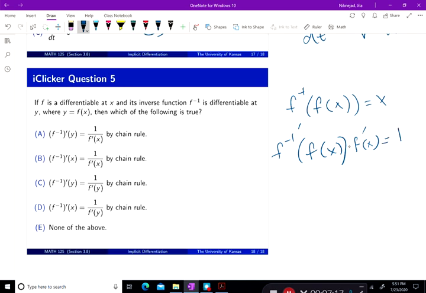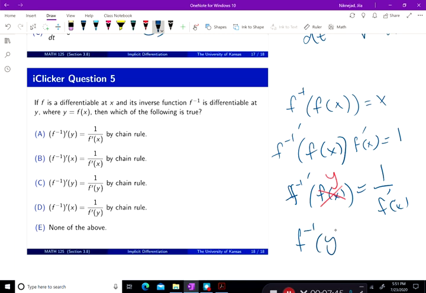Now solve for f inverse prime of f of x, and you get this. This still doesn't look like any of those, except that I forgot to replace this with y. And now I have f inverse prime of y is equal to 1 over f prime of x. And so that would be option A by chain rule.